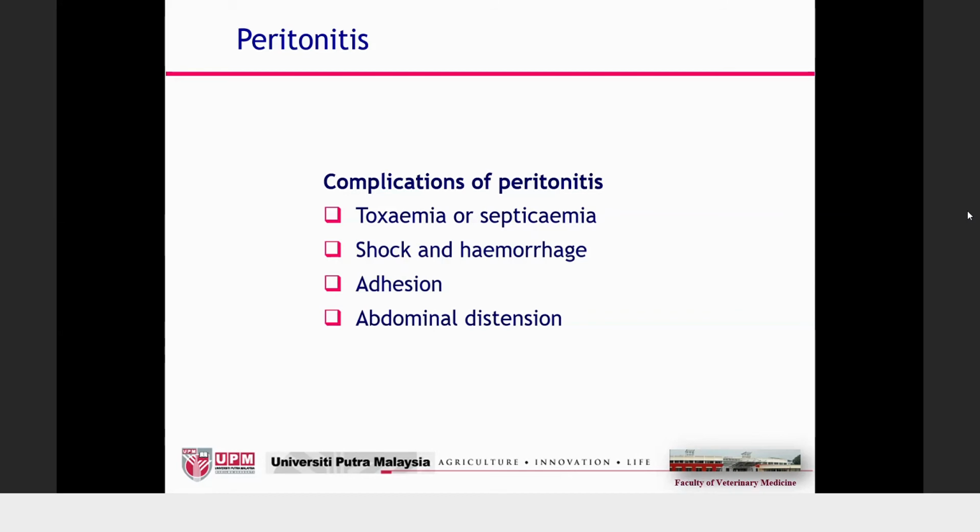So this is how peritonitis is so important, because when they say peritonitis is caused by various agents, at the end of the day, it can lead to toxemia, septicemia, shock, hemorrhage, adhesion, abdominal distension, and all this could lead to death of the animal. The mechanism of death I mentioned to you earlier.